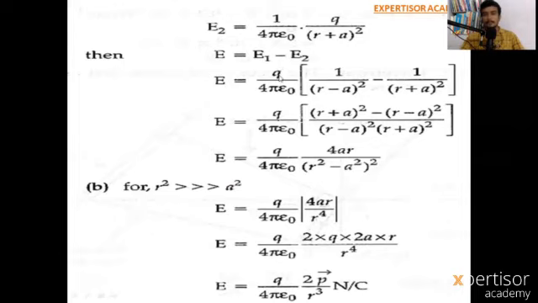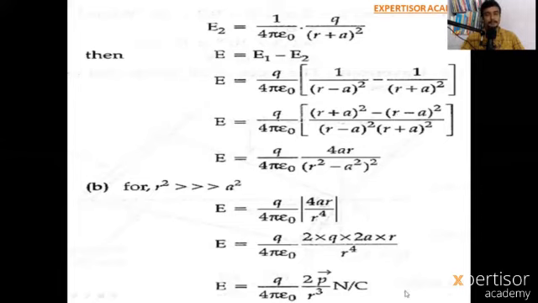When you substitute the E1 and E2 values, we get another relation. Separate Q divided by 4 pi epsilon naught. So the remaining terms are these. After simplification, we got this relation: E is equal to Q divided by 4 pi epsilon naught into 4AR divided by (R square minus A square) whole square. Simplify this, and definitely we get this.